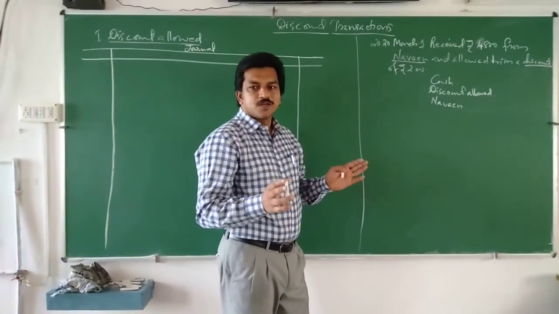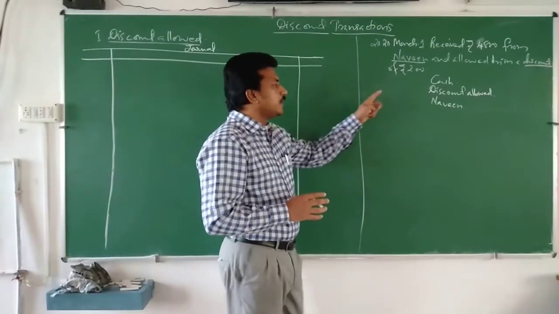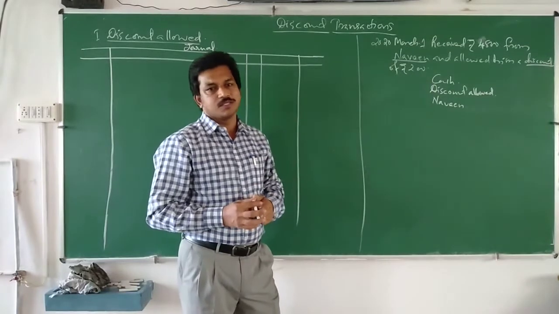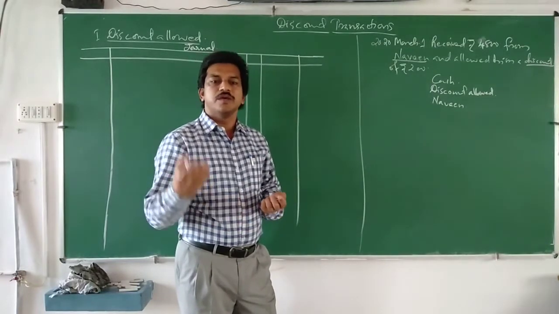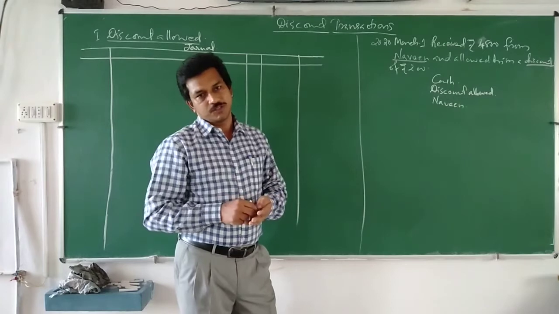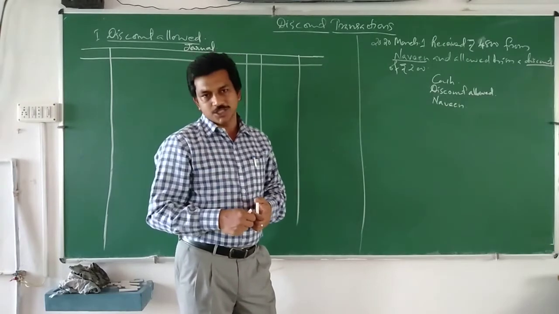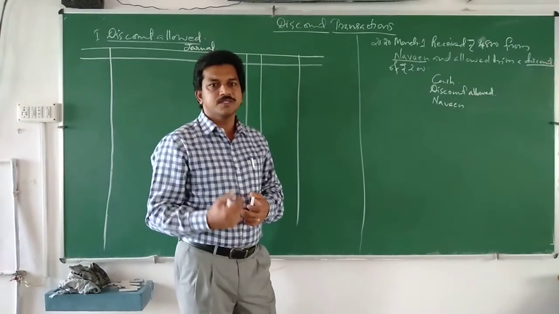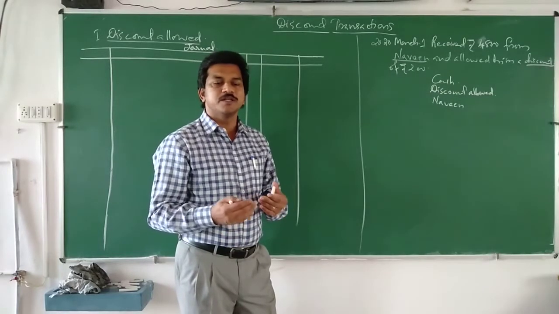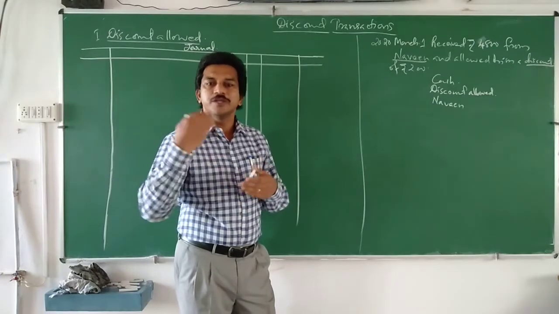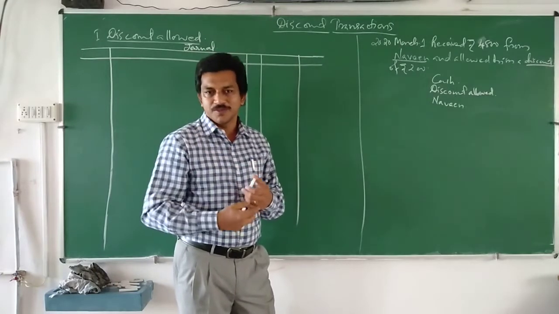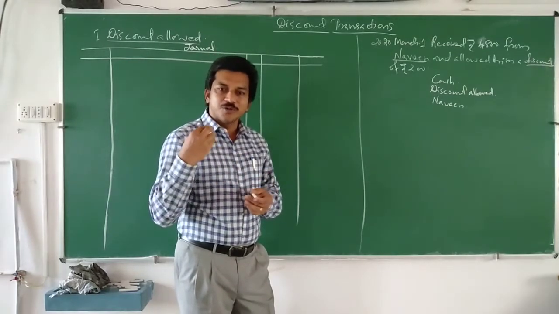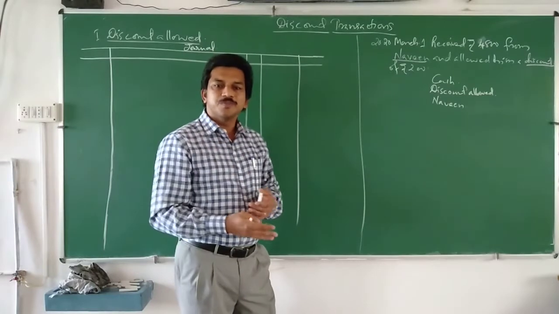So let us see what are the rules for these three aspects. Cash is a real account, asset account. We know the rule: debit what comes in, credit what goes out. So when we receive cash, cash comes in. Then you may be thinking that discount allowed means cash is going out. But if you allow discount, are you giving cash to him?